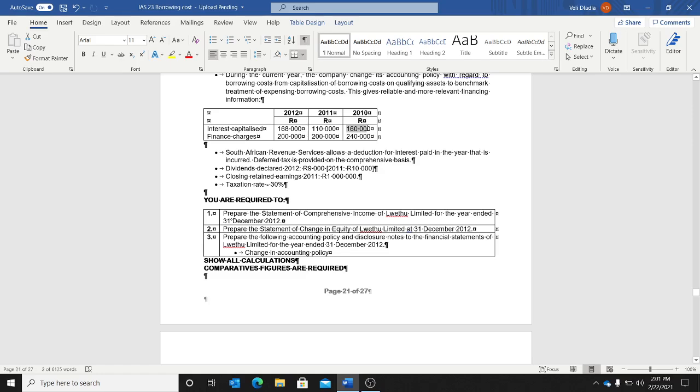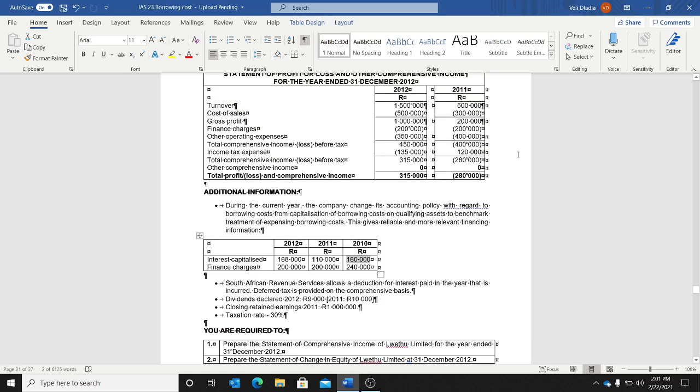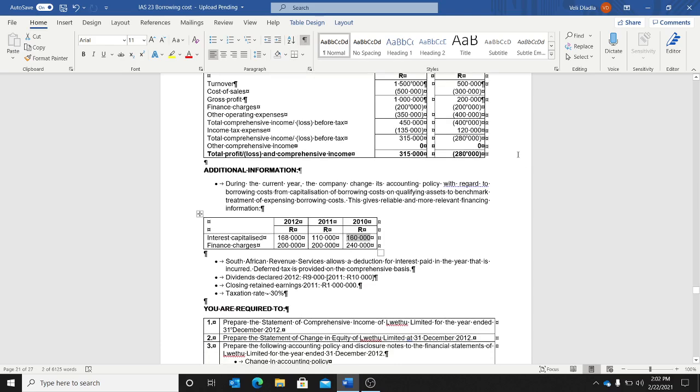If I bring the 160 in this, it will take my figure to 400,000. Right, and you can see here that if you look at these figures here, this 200,000 in finance charges and the 200,000, they are these ones. It's these two that are in this extract here. See the 200,000 finance charges here.